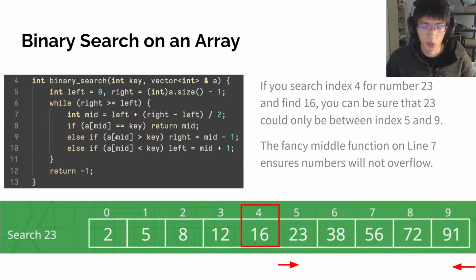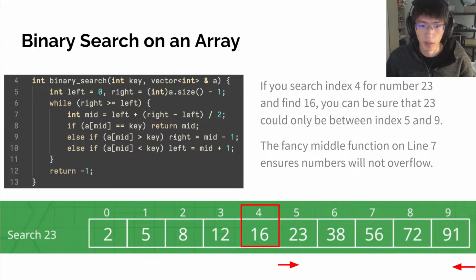So sample code might be something like this, where left is equal to 0, right is equal to, well, commonly n minus 1, array.size minus 1, and then while right is greater than or equal to left, you take the average. This is just a fancy way of writing left plus right divided by 2, except ensuring that you won't get overflow.